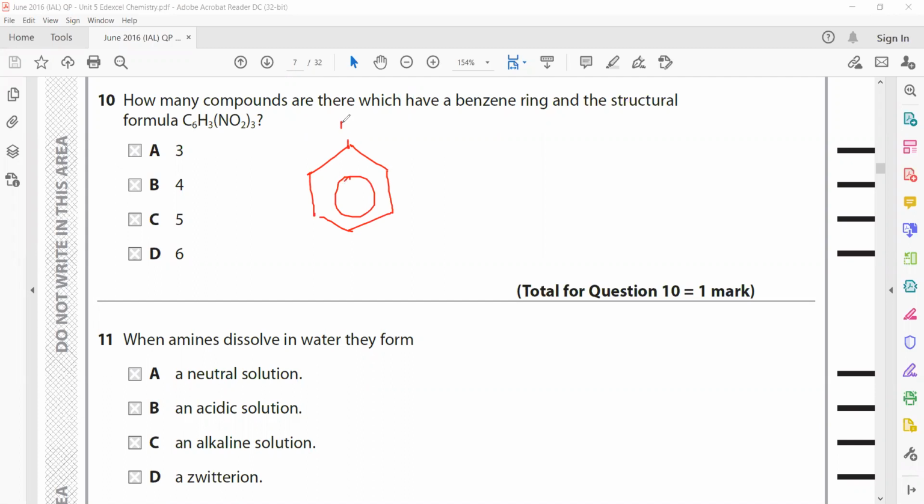If we draw a benzene ring with NO2, it can be 1, 2, 3 trinitrobenzene. The second one, when we draw first position, second position, and fourth position, this is 1, 2, 4 trinitrobenzene.